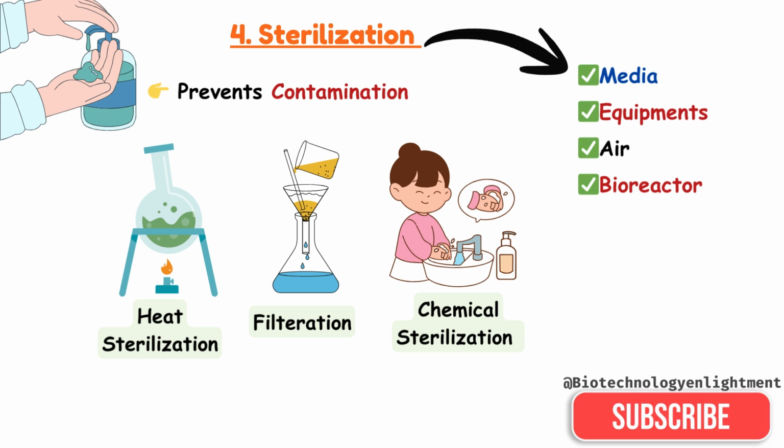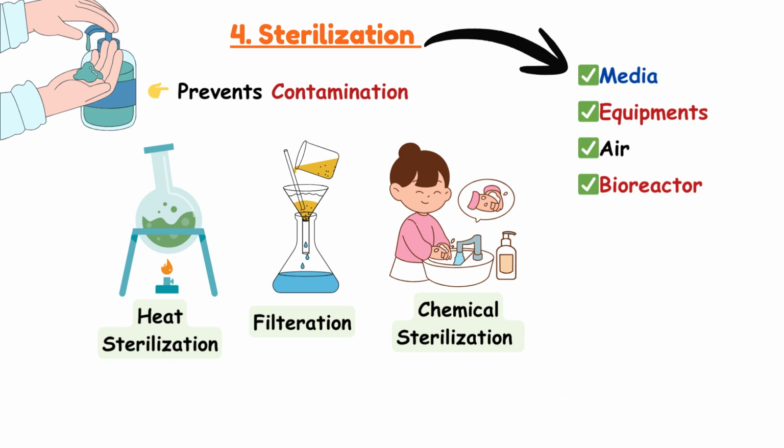So these things are sterilized before entering the fermentation process. Once the process starts, there is no chance for sterilizing things. So every equipment, media, bioreactor and the air supply are sterilized before the start of the process, so that there is no chance of contamination.